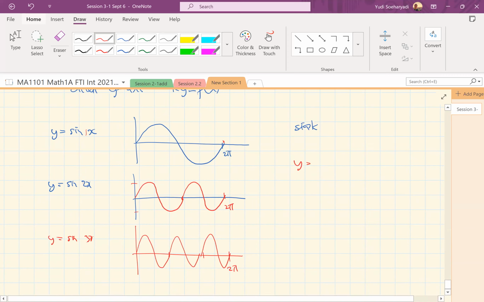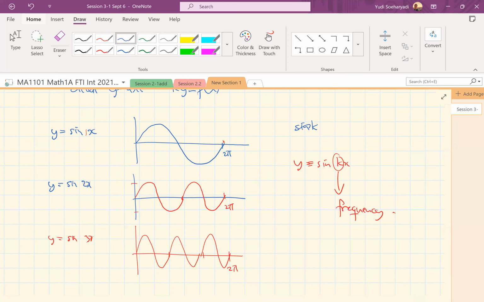So when you write sine of kx, what is this k in terms of waves? The frequency. Frequency. Okay. So in general, in physics, maybe later on, I don't know whether it's going to be this semester or next semester, physics 1 or 2, you deal with this one.